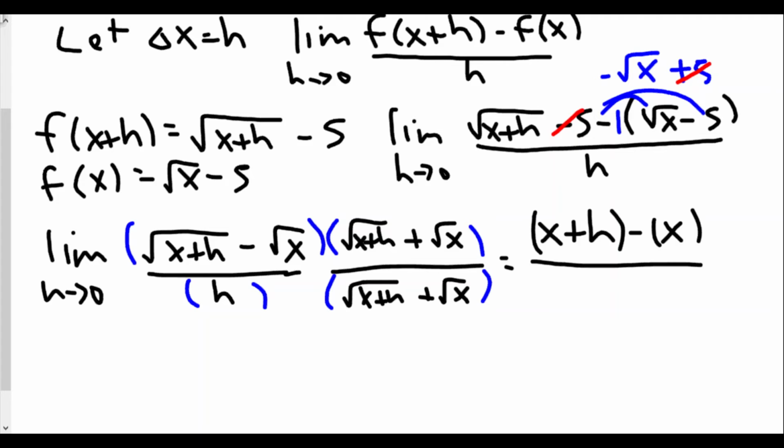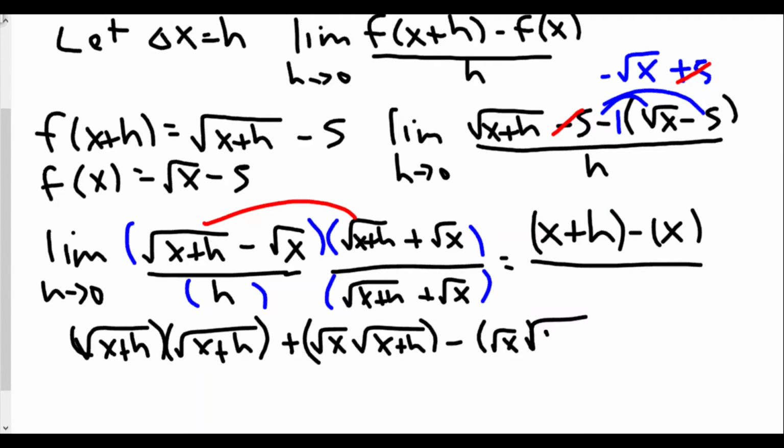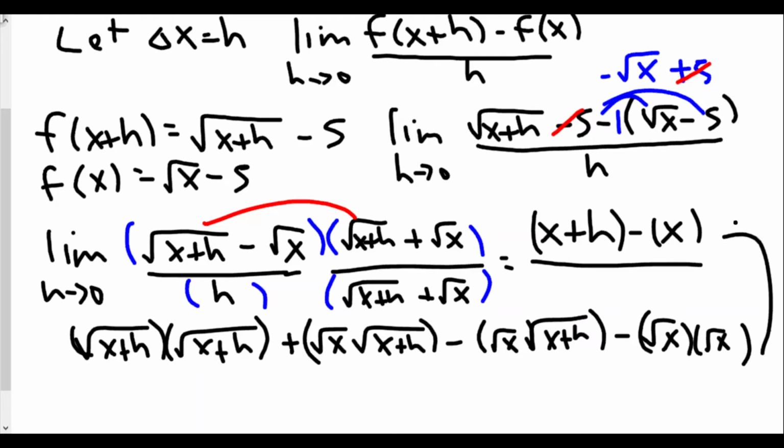Because the square root of x plus h times the square root of x plus h, plus the square root of x times the square root of x plus h, minus the square root of x times the square root of x plus h, minus the square root of x times the square root of x. These two middle terms cancel out, and you get x plus h minus x.